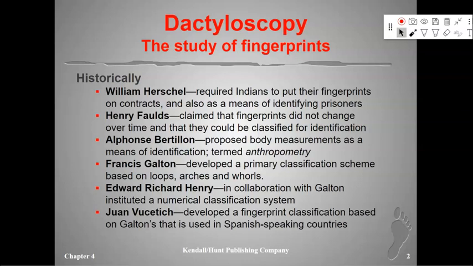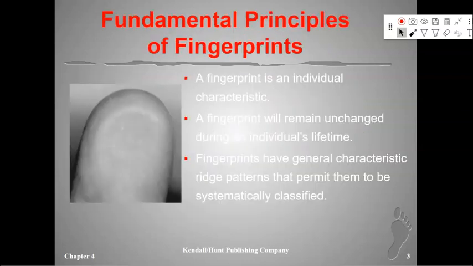Galton classified them as loops, swirls, and arches. Edward Henry worked with Galton, and he came up with a numerical classification system. And Budicic did similar work to Galton's and Henry's work, and they used his classification system in Spanish-speaking countries.